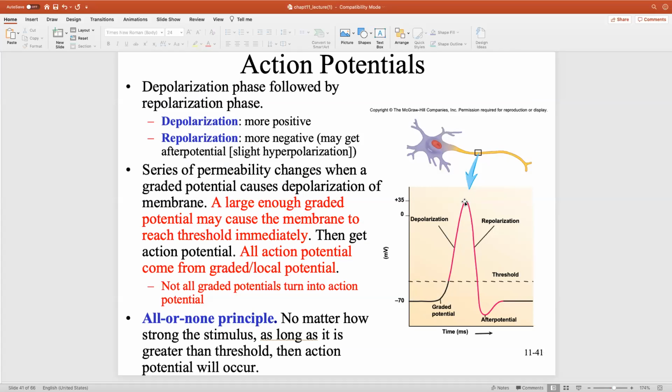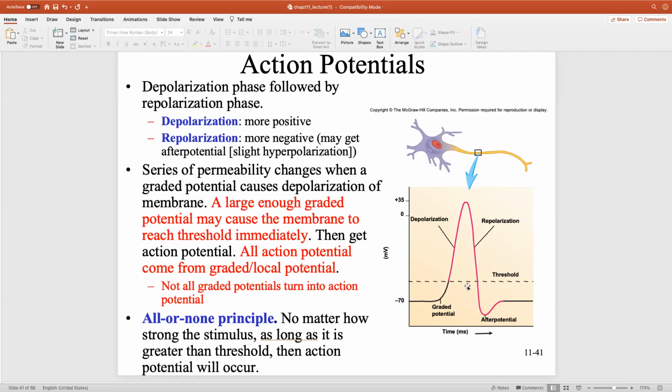But at this point, voltage gated potassium channels fully open. Potassium exits the cell in mass, and as you lose more and more potassium from that region of the axon, you become more and more negative. Those voltage gated potassium channels open a little bit too long, and you become slightly more negative than you should.